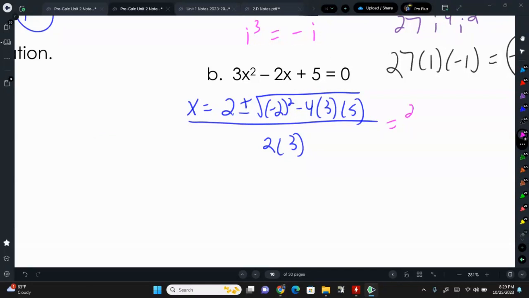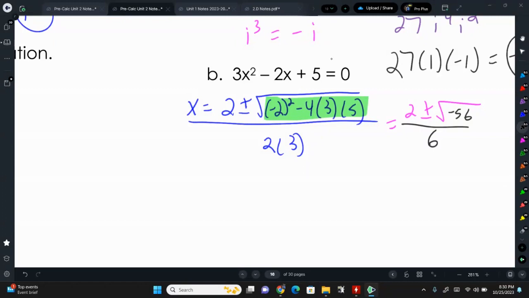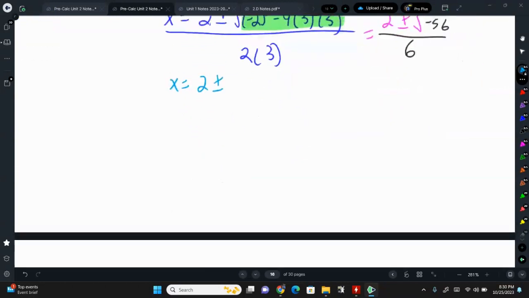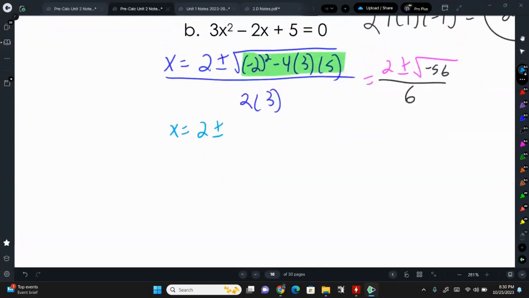So we get 2 plus or minus the square root of, that's that discriminant right here. This is going to multiply out on our calculators to negative 56 over 6. All right, so then we have x equals 2 plus or minus the square root of 56, which can be broken up into 4 times 14.